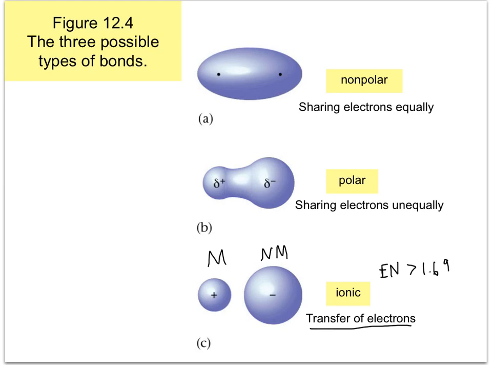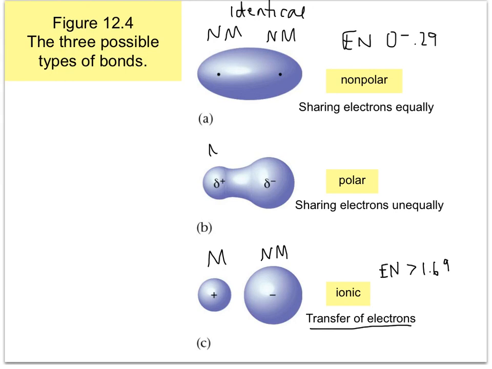And then we have the two nonmetals. They form either a nonpolar covalent bond because they are identical, and their electronegativity difference is 0 usually, and can range up to 0.29.